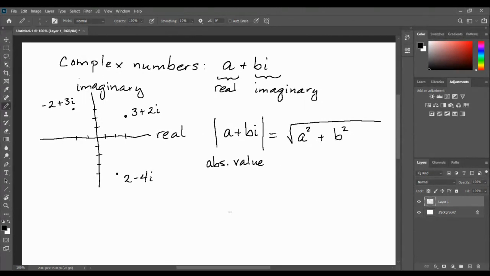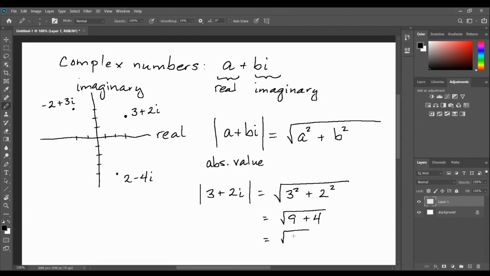So we could calculate, say, the absolute value of 3 plus 2i. That first point I graphed would be the square root of 3 squared plus 2 squared, which would be the square root of 9 plus 4, which would be the square root of 13. That's the absolute value of 3 plus 2i.